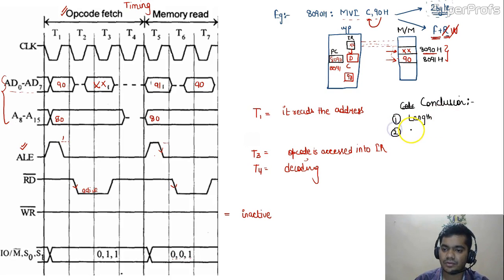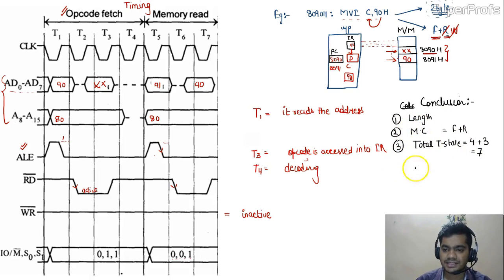Second is how many machine cycles we are able to predict and what are the functions of the machine cycles. Third is total T states. As the machine cycles were fetch plus read, for fetch there are 4 T states and for read there are 3 T states. So total would be 7 and the total number of instruction cycles is 1.